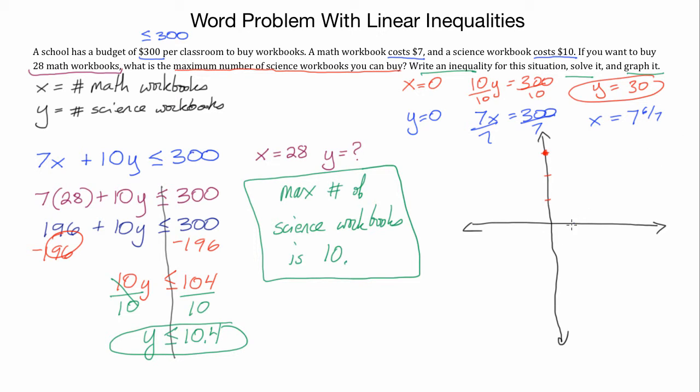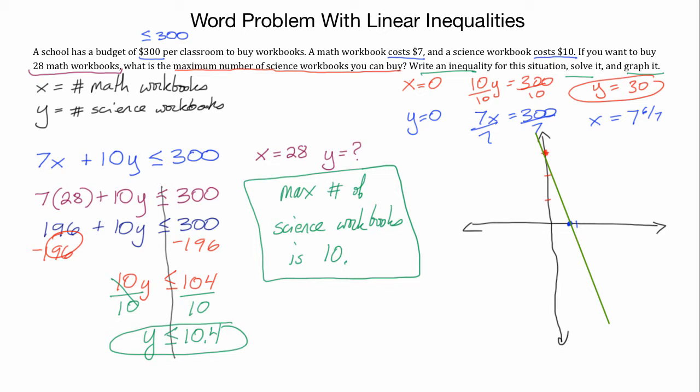So if that's about 10, there's 10 right there. So 7 and 6/7 would be right about there. All right, that's enough to make a line now. Roughly kind of like that.